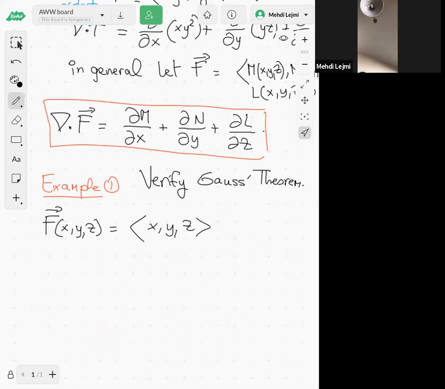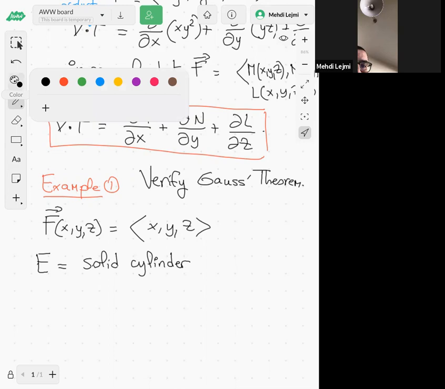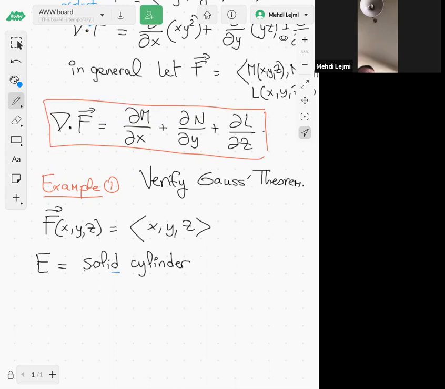Now, a solid E, my solid E, is the solid cylinder. What do I mean by the solid cylinder? The word solid here means that you're going to take not just the cylinder itself, but also the interior of the cylinder.